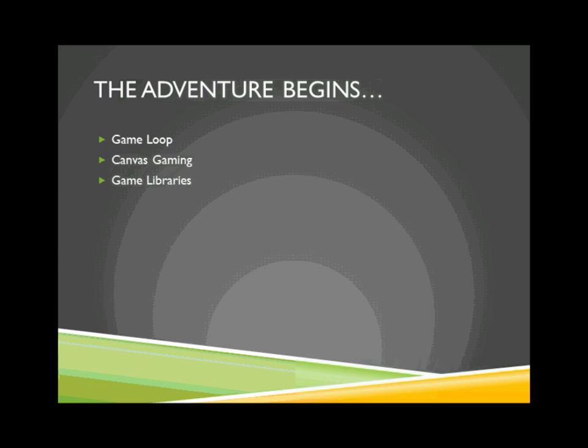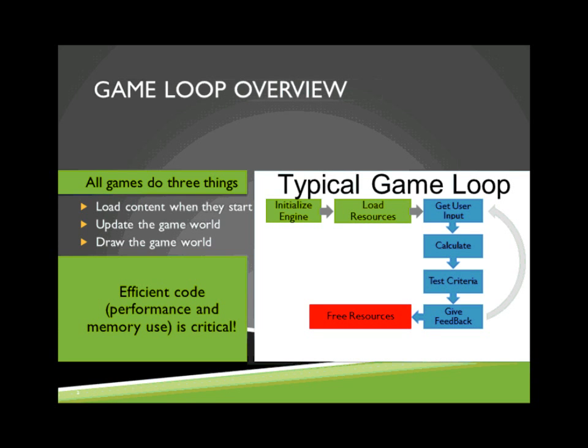And one of those things is the game loop. So the game loop is, versus running a regular program that executes from start to finish and then everything's finished when it's done, a game loop is exactly that, a loop.